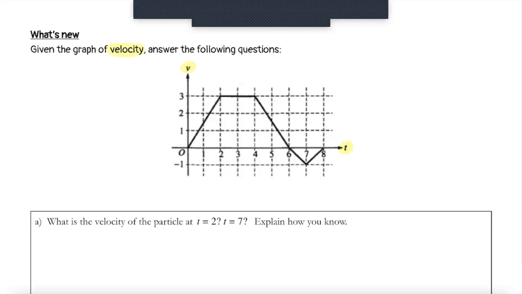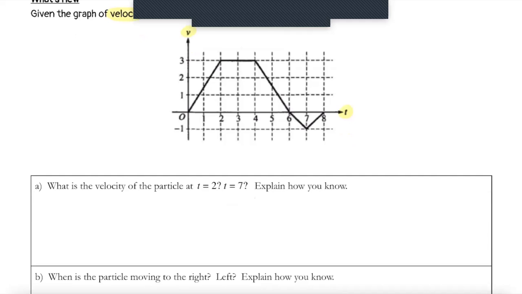If you don't, you're going to get very different answers that will very clearly tell me you didn't read the coordinate axes. All right. So we want to make sure we read these axes. We've got velocity, and this is a graph of velocity. Okay. So let's start with these questions.